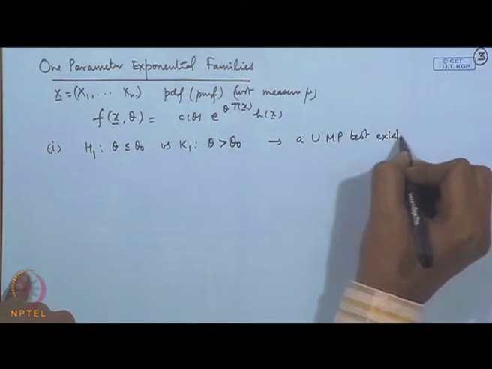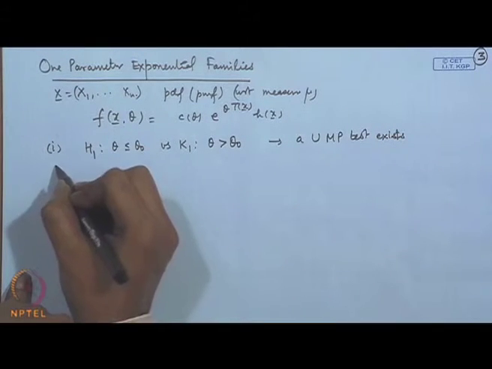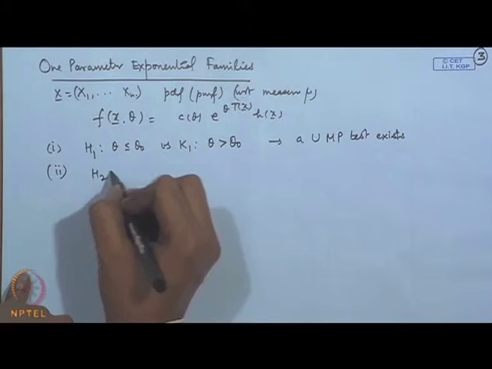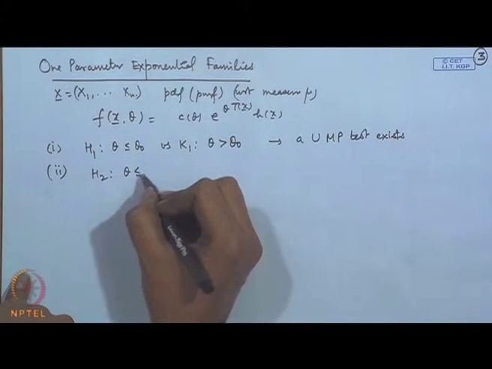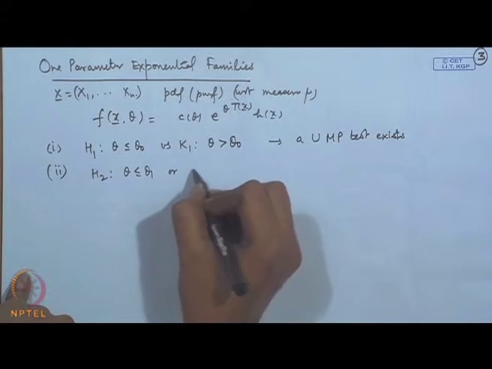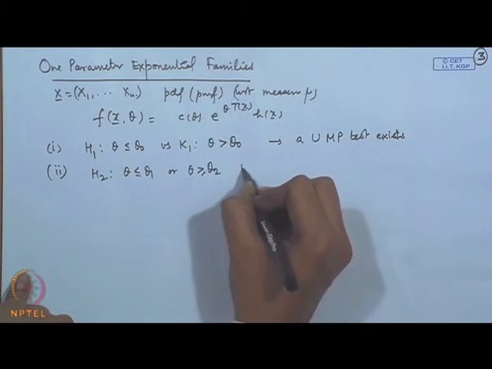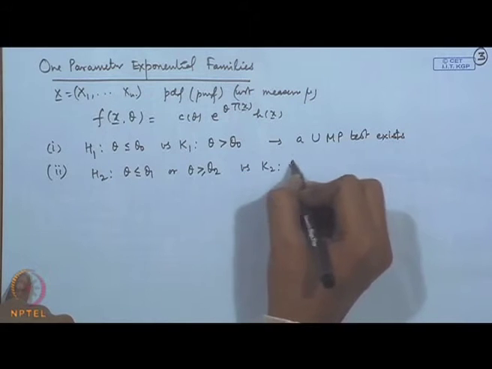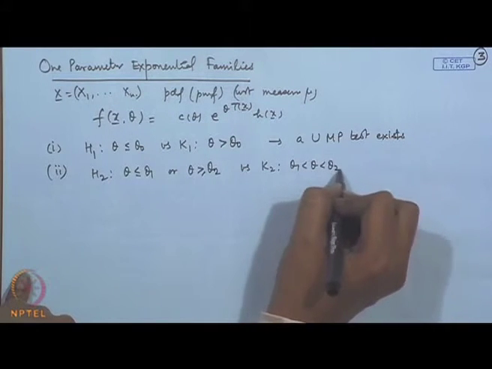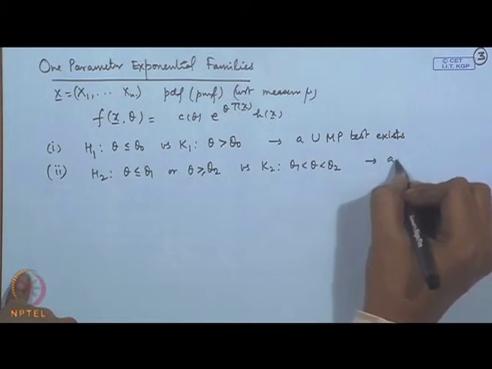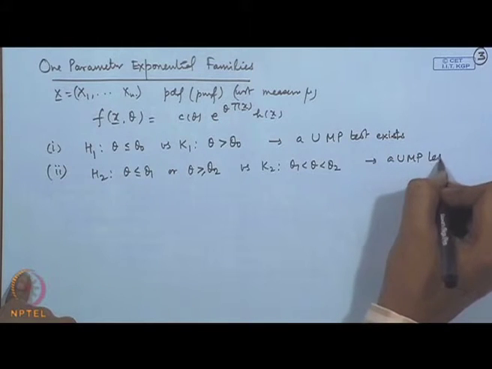Let us consider theta less than or equal to theta 1 or theta greater than or equal to theta 2 against theta 1 less than theta 2. In this case also a UMP test exists.